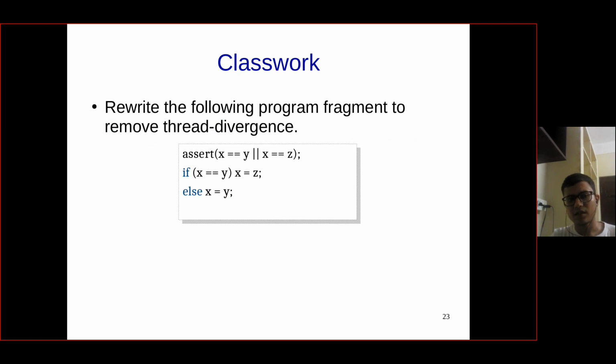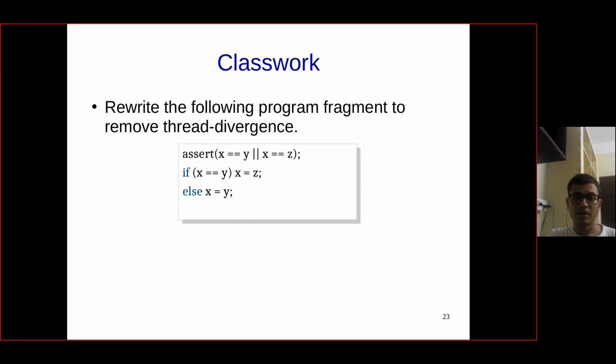So a small classwork here. We want to rewrite this code fragment in such a way that there is no thread divergence inside this code. First of all, this is the code snippet that we want to examine, and please note that this assert statement says that x can have the value of y, or x can have the value of z.